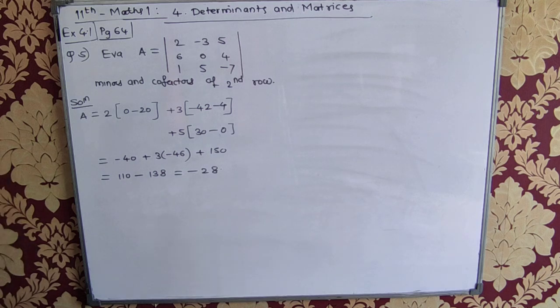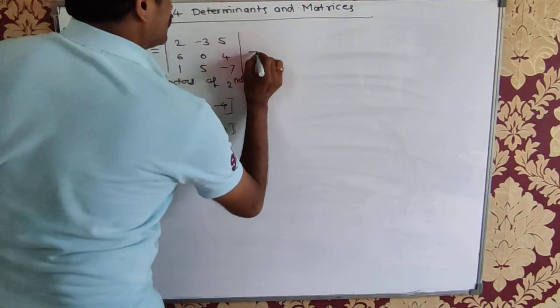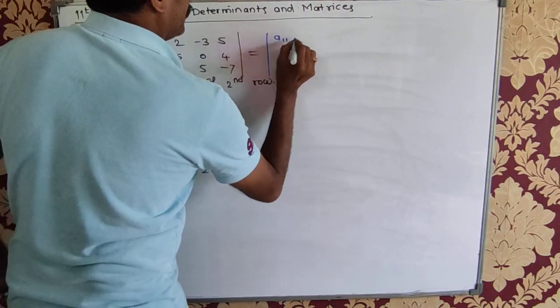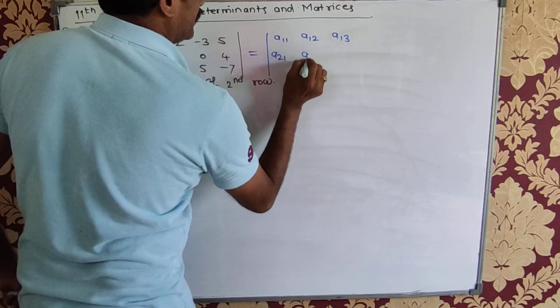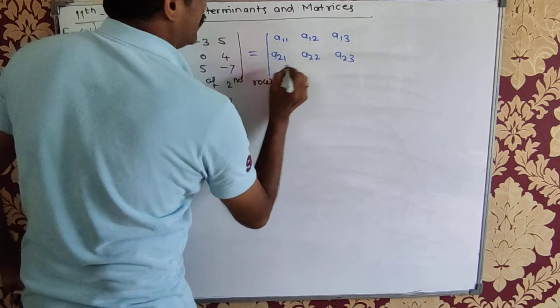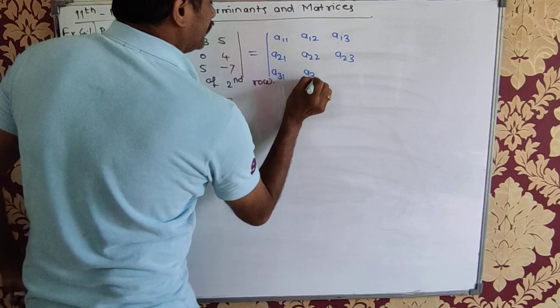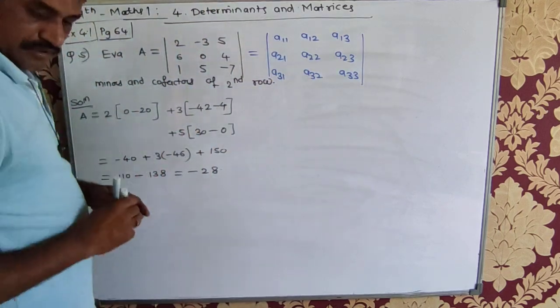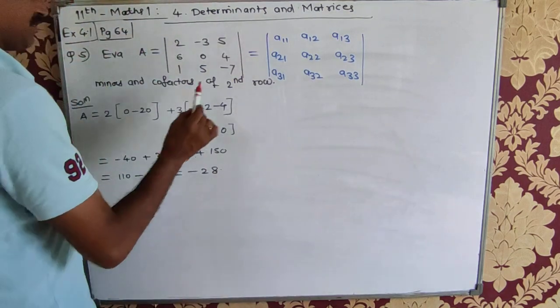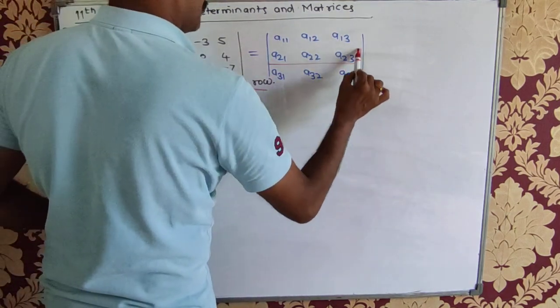Now I will compare this with, I'll write this as A11, A12, A13, A21, A22, A23, A31, A32 and A33. I want the minors and cofactors of the elements in the second row, मतलब this.